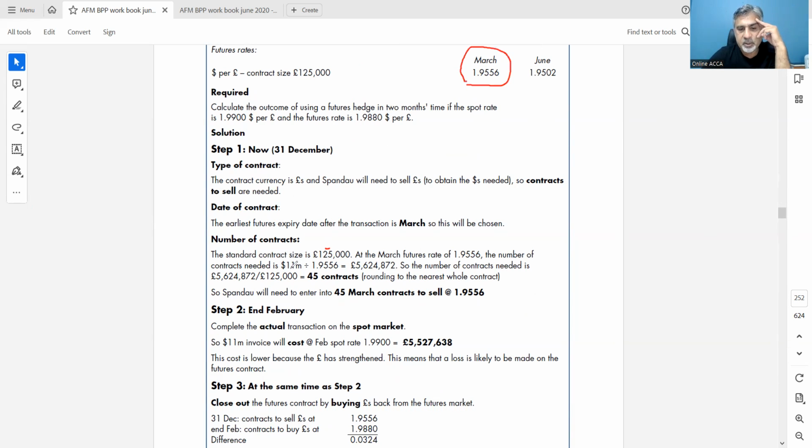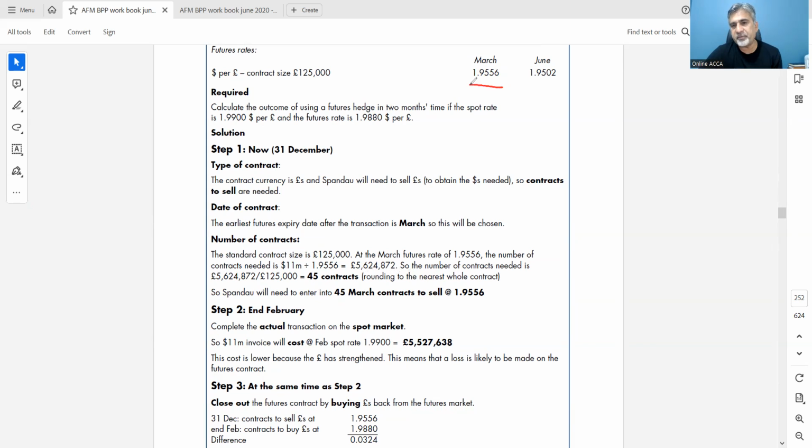So $11 million divided by 1.9556 is 5,624,000. So when I convert my 11 million into sterling at the March rate, it is 5.624 million sterlings. This is the amount which you have to sell.